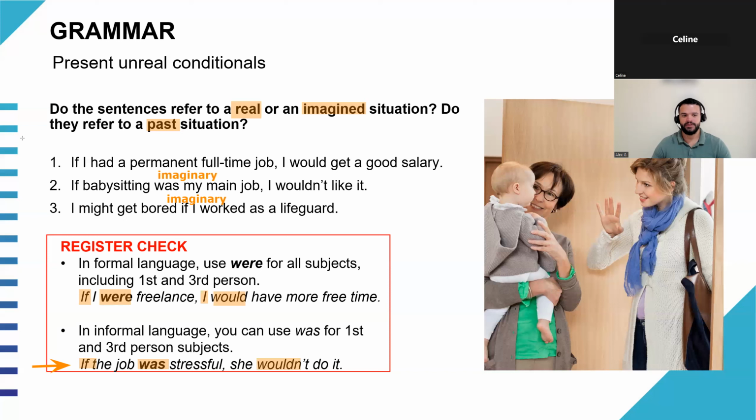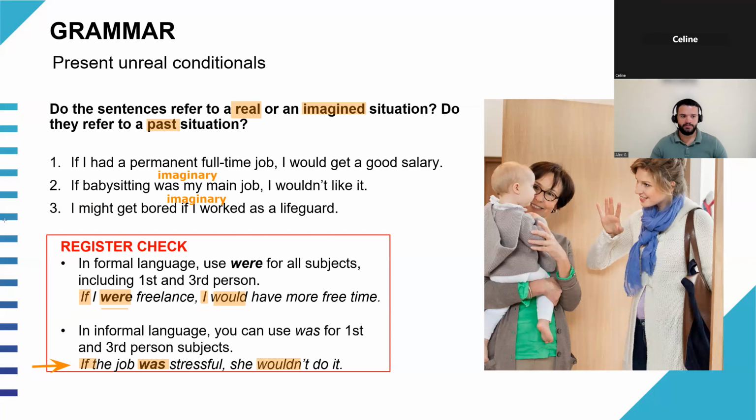For formal, in first and third person, you can use were for formal. Everything. Yep. So you can use were for all of the subjects: I, you, we, they. Were, right? If she were, if I were, if they were, always were.